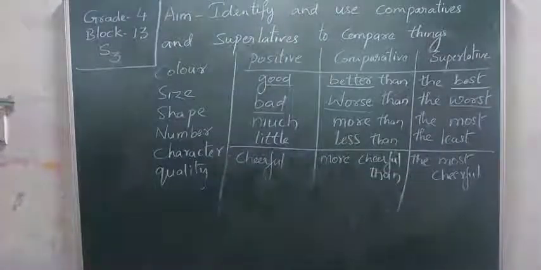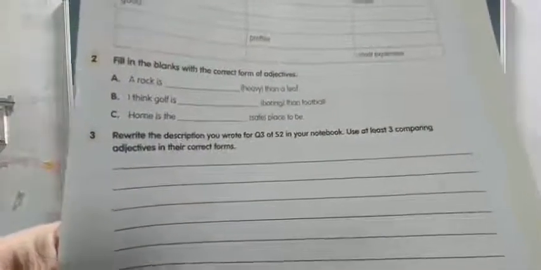Whatever you had written there, basing on that you want to again rewrite the description using at least 3 comparing adjectives. You can say that the train is going faster than, or it is the fastest. So you want to compare it.